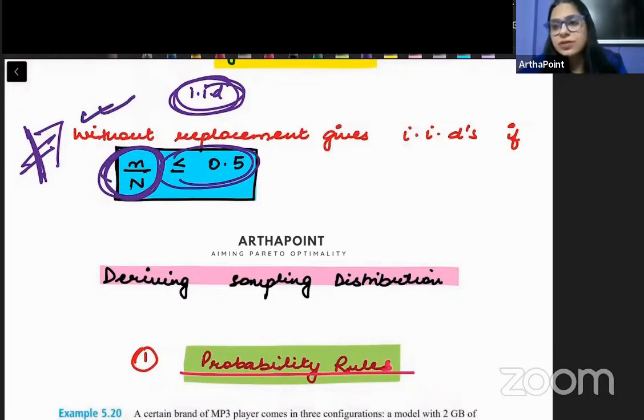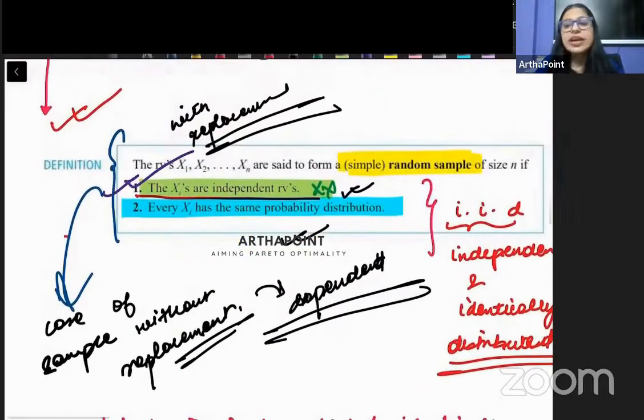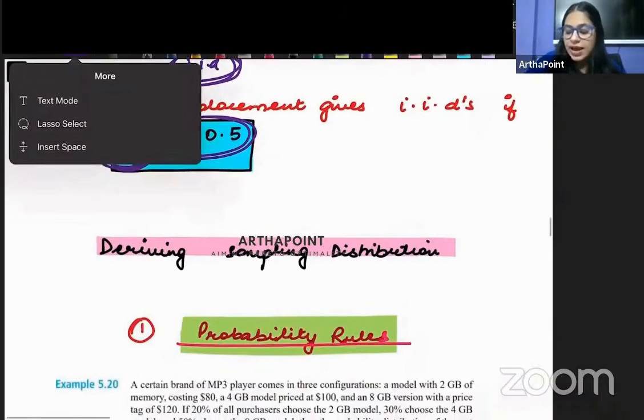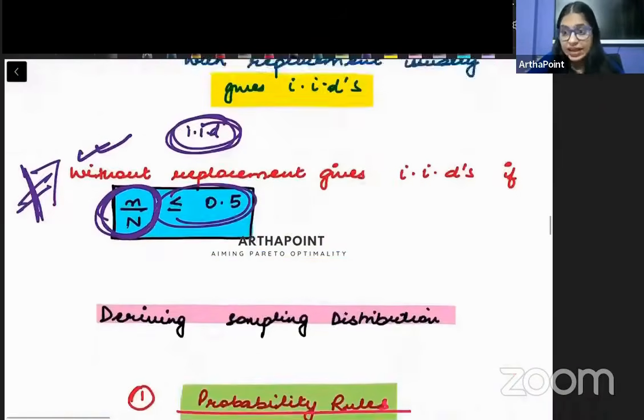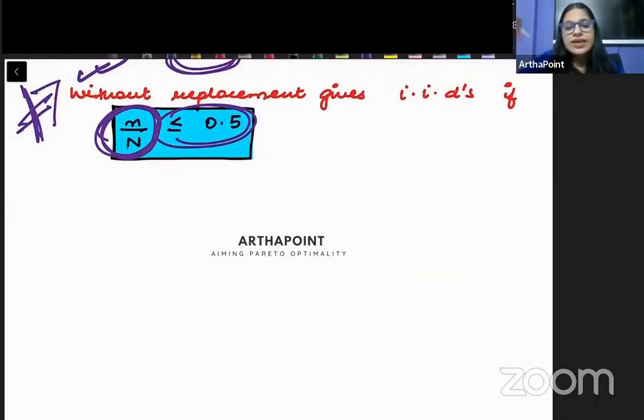So far I told you that independence is created only with replacement, but in without replacement also I can go ahead and create IIDs, but this property must be satisfied.